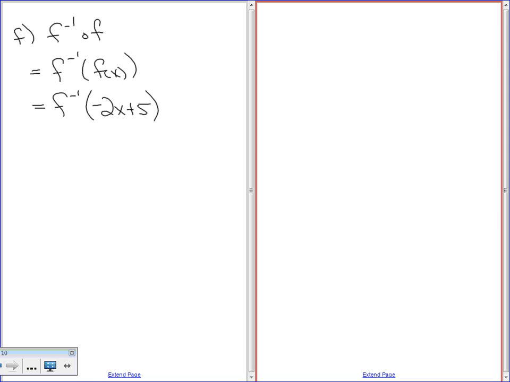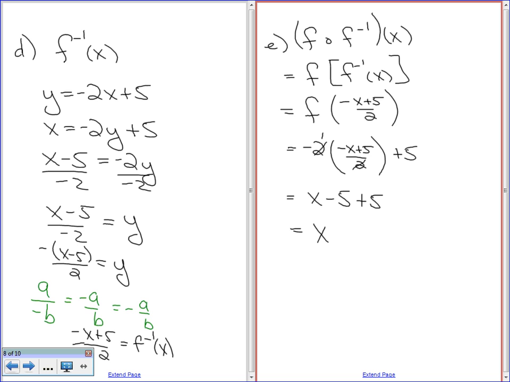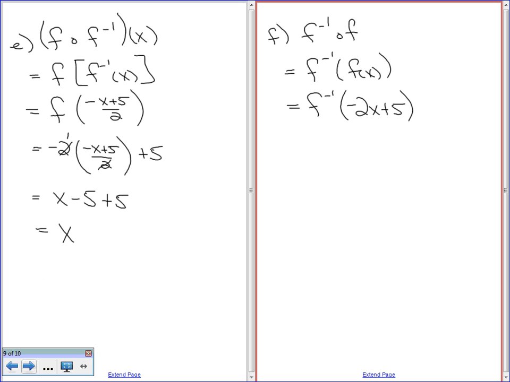So the inverse was negative x plus 5 over 2. So I would write negative, instead of writing x, I write down what's in the bracket. Plus 5, and that whole thing is over 2.